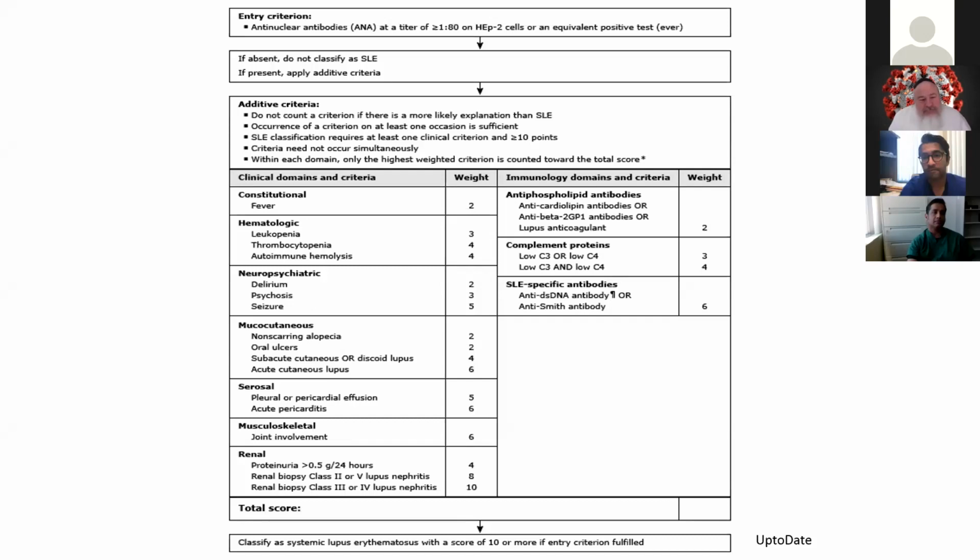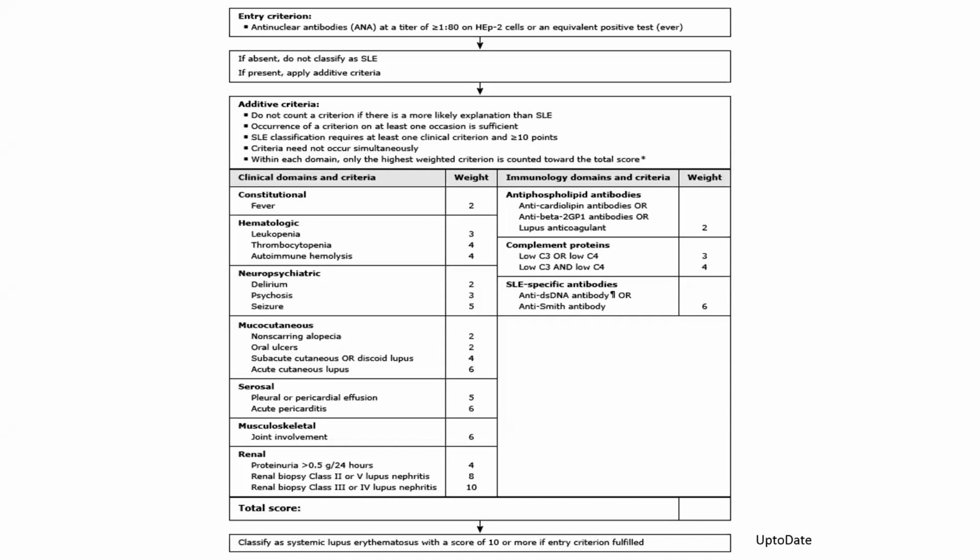In the serosal domain, pleural or pericardial effusion, acute pericarditis, then musculoskeletal with joint involvement and renal involvement. And in the immunology domains, we have antiphospholipid antibodies, complement proteins, and SLE-specific antibodies.